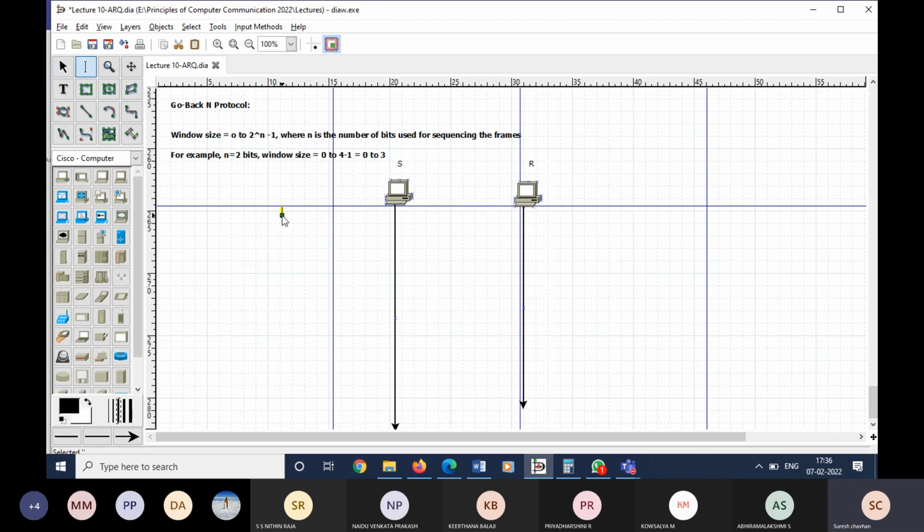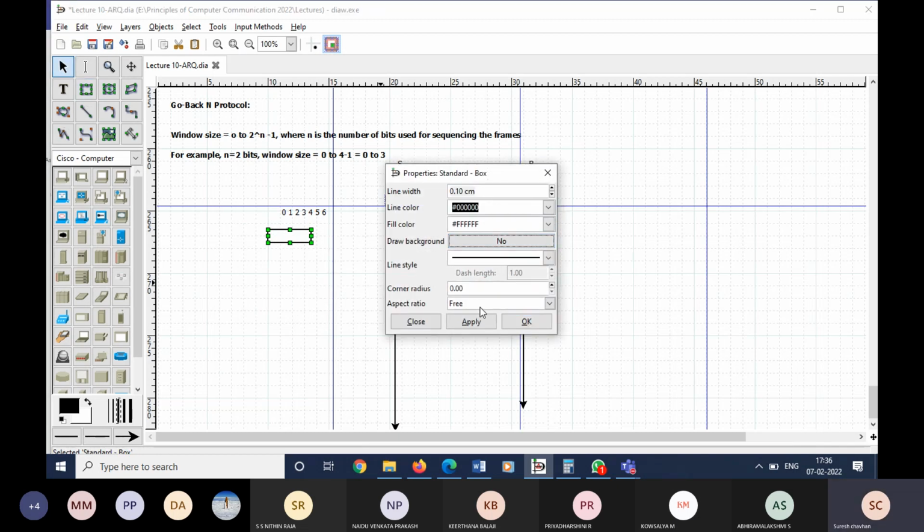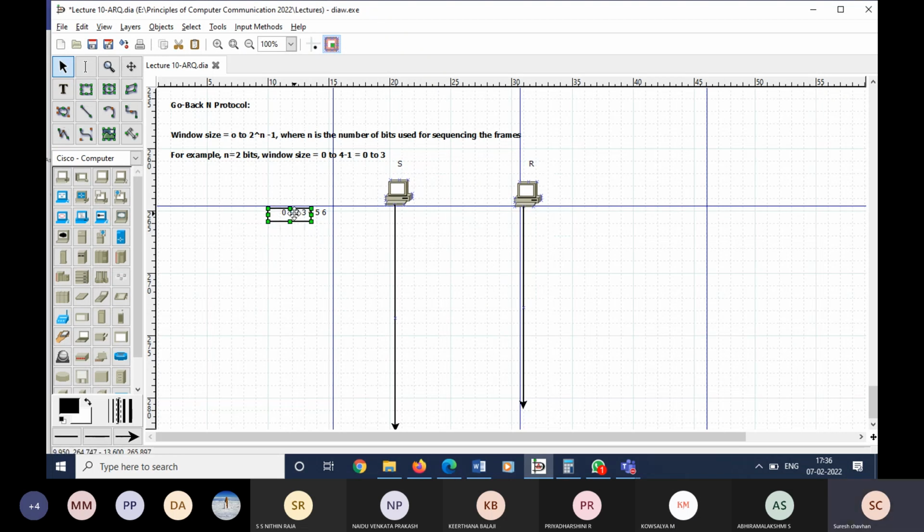You will get a better idea from it. So here I'll write the window: 0, 1, 2, 3, 4, 5, 6. I have considered n equal to 2 bits, so the total is 0 to 3.